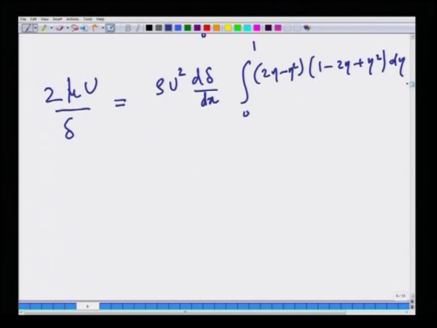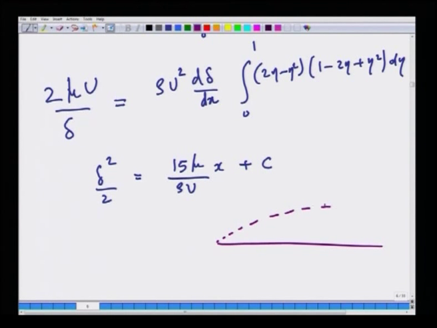Once you solve this expression, you will get delta squared by 2 is nothing but 15 mu by rho U times x plus c. Now let us assume that at the leading edge of the boundary layer, at x equal to 0, the fluid is just hitting the flat plate, so the boundary layer thickness is zero.